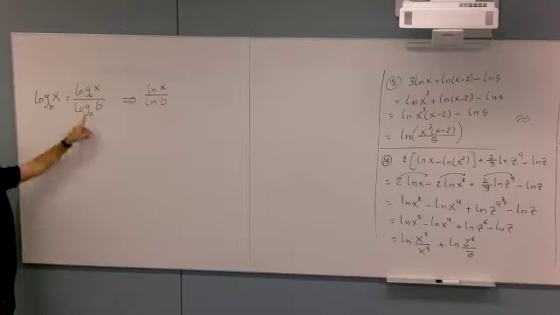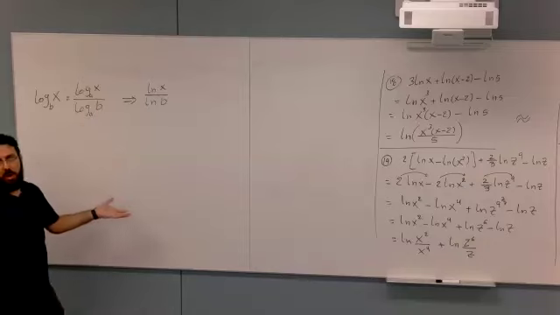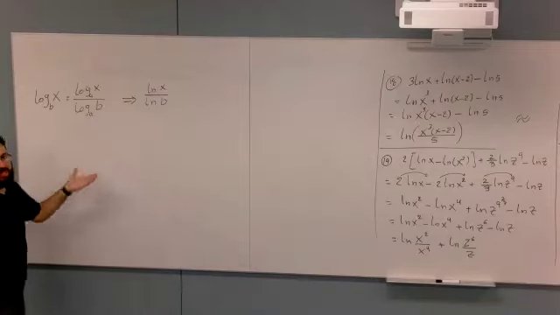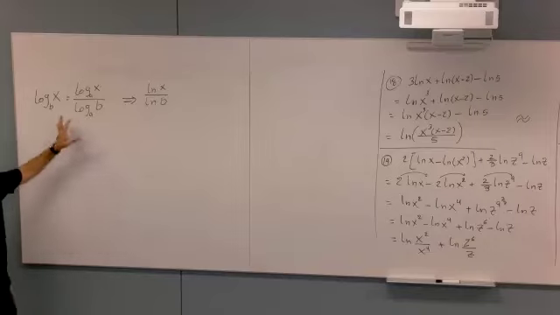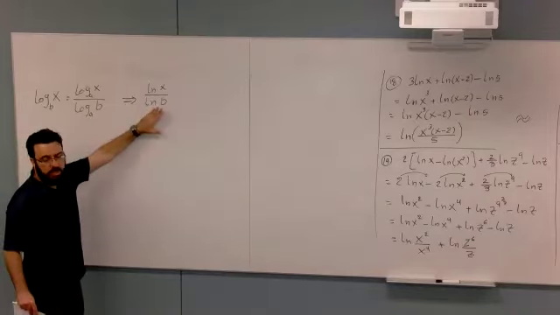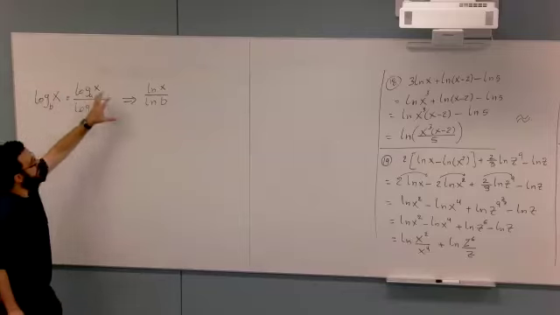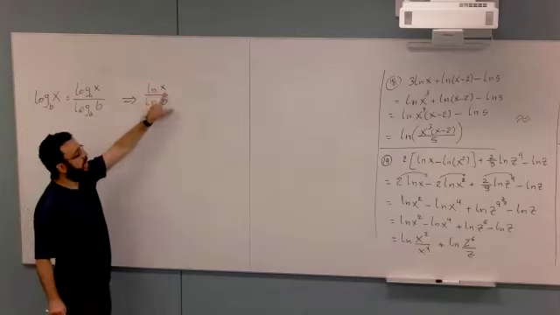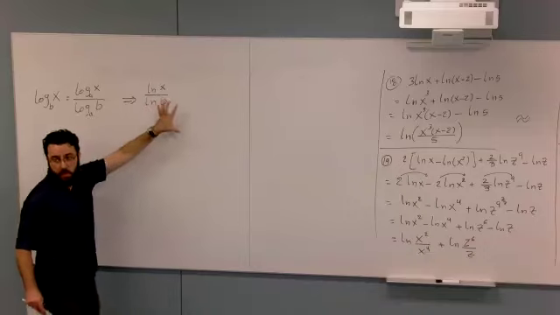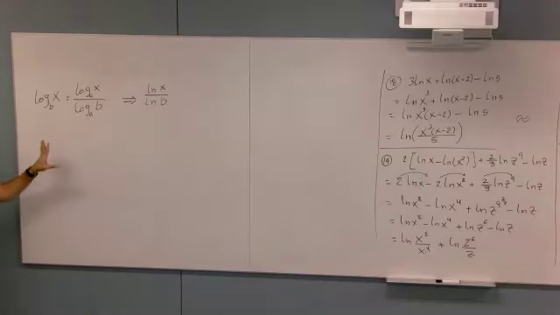The base here is not the base anymore. Sometimes they use the common log, base 10, which is fine, or you can use the natural log. This part equals ln x over ln b. Both will give you the same result.